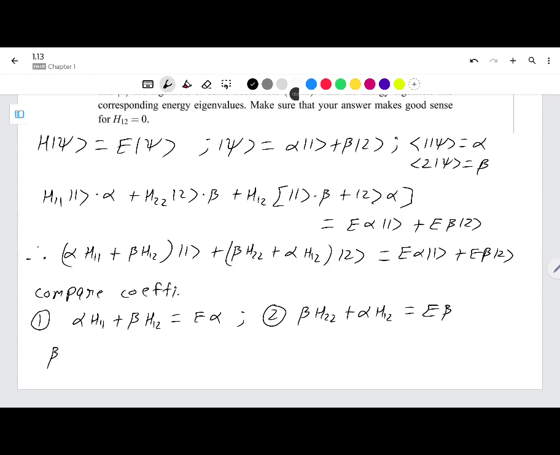So beta is equal to E alpha minus alpha H11, divided by H12, or we can write it as alpha (E minus H11) divided by H12.